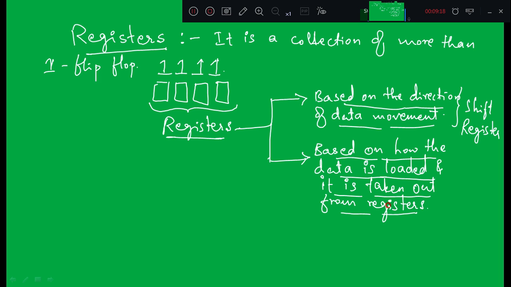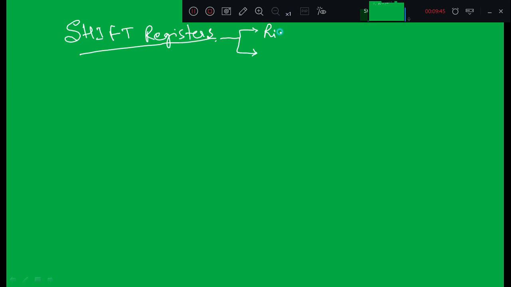First we will see what shift registers are, and later we will talk about how the data is loaded and how it will be shifted. In the next slide we will discuss shift registers. Here we have two types of shift registers: right shift registers and left shift registers.